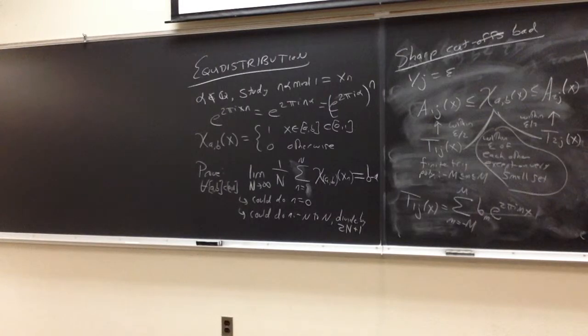Well, instead of using chi AB, we can use A1j with a very small error. Is that the case? Can I just replace chi AB with A1j and say, hey, look, A1j is close? So I see one, good. Why can't I do that?